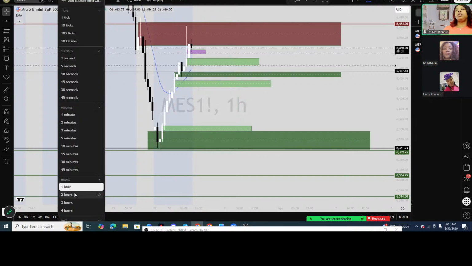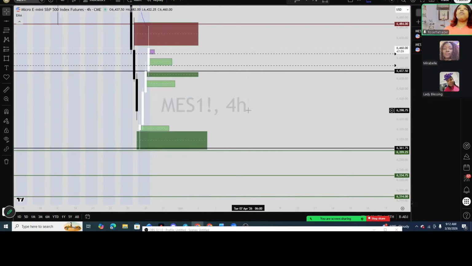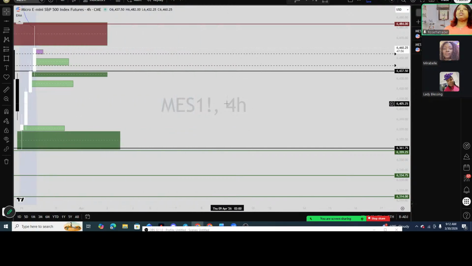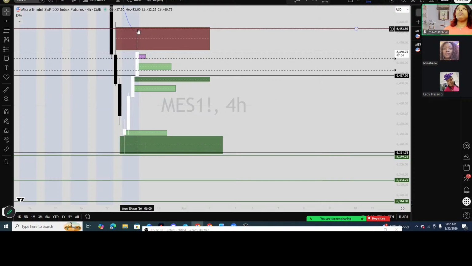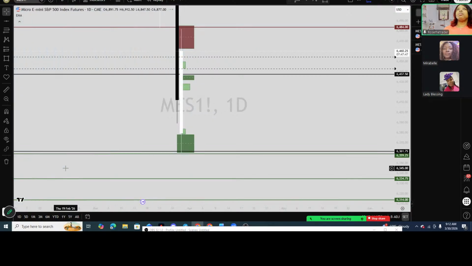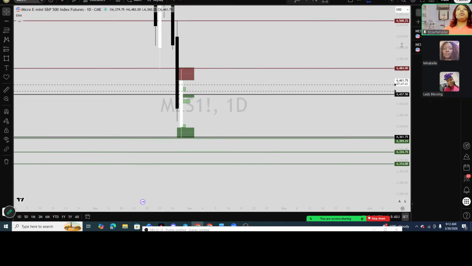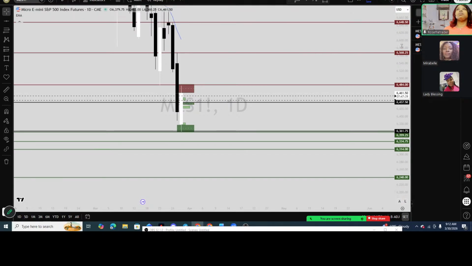Let's look at the daily or 4 hours and see. For the 4 hours, price is below the 13 EMA. Therefore, for the daily, price will be below the 13 EMA as well. So let's see what market does. It might just be bouncing.